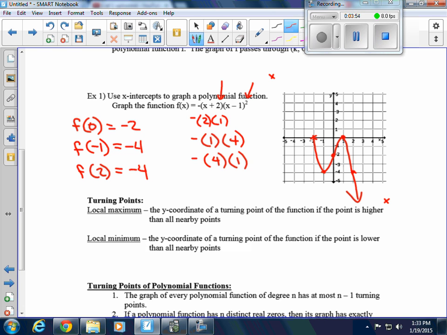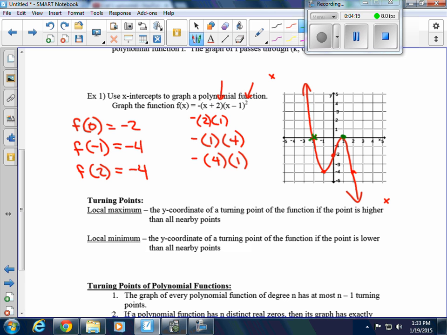We could put one more point in, but we made quite a jump here. So it's going to be going to its end behavior up there, because we know it's never going to cross that x-axis. Here we knew that it was going to bounce off it. Here we knew it had to cross it because of what we know from there. Okay, so that's how we would graph that problem in example 1.